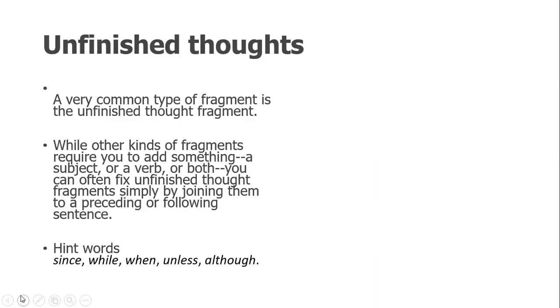Now the third criteria, what is the third criteria? Unfinished thoughts. A very common type of fragment is the unfinished thought fragment. While other kinds of fragments require you to add something, you can often fix unfinished thought fragments simply by joining them to a preceding or following sentence.